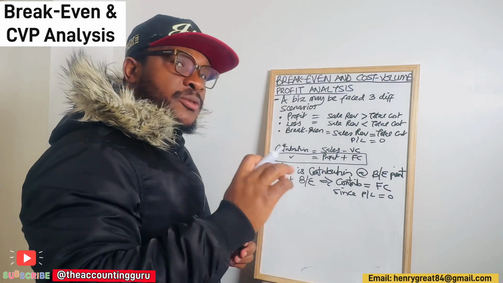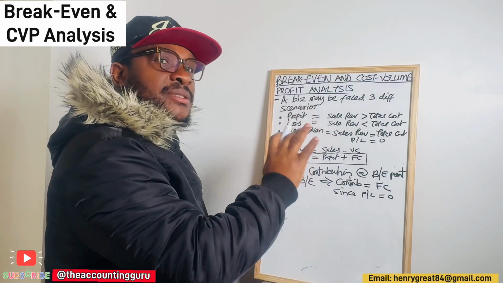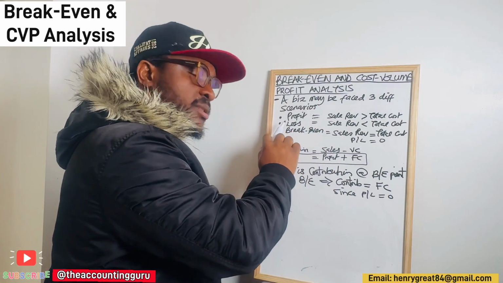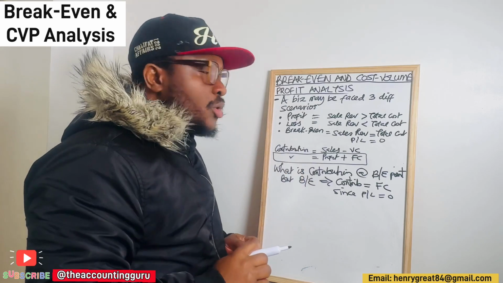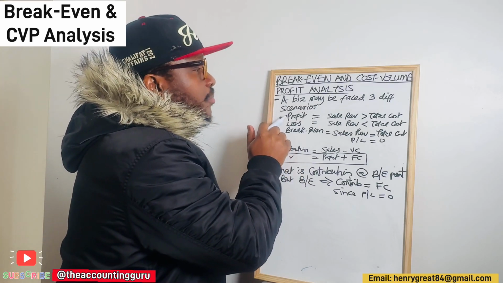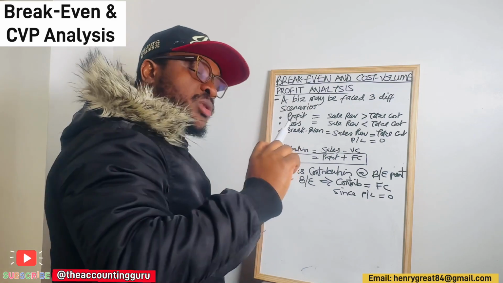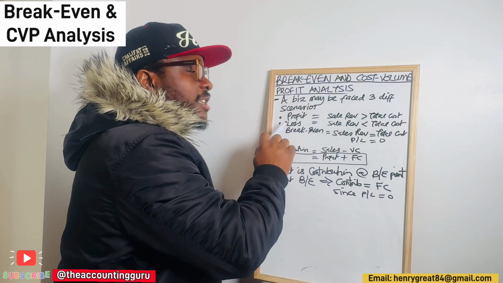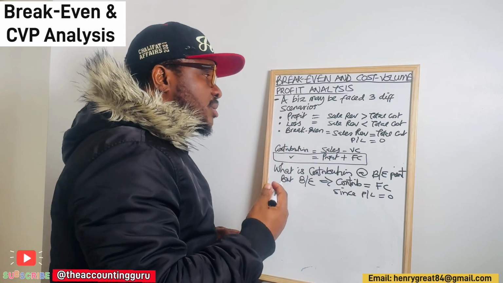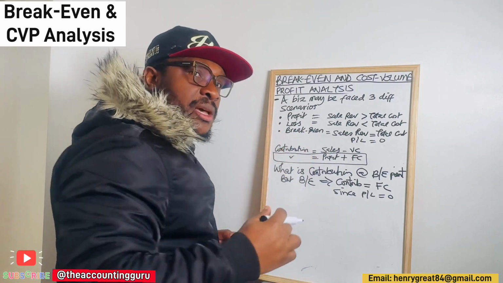Do not forget, there are different scenarios a business is faced with: profit scenario, loss scenario, and break-even scenario. So let's calculate sales at which a predetermined profit is to be made. We will also calculate sales at which a predetermined loss is to be made. Then we'll calculate sales at break-even. I hope this is clear.